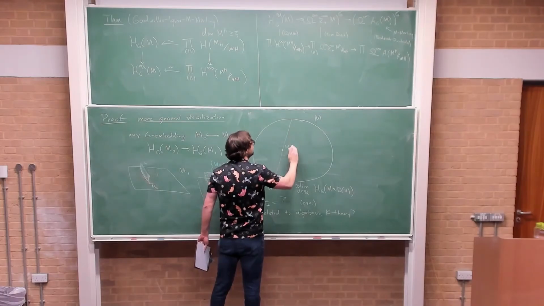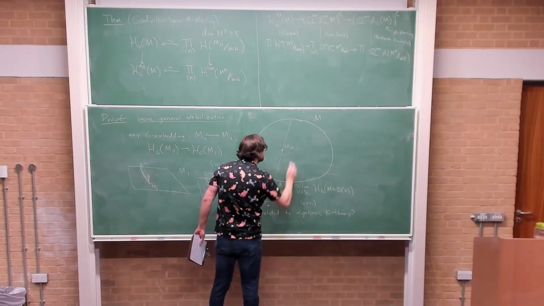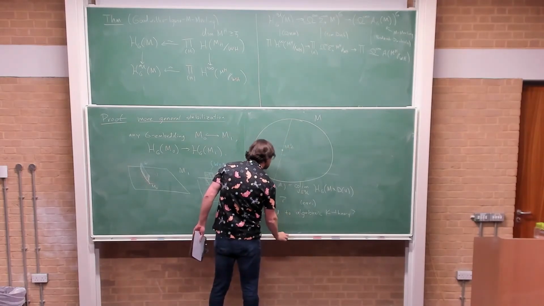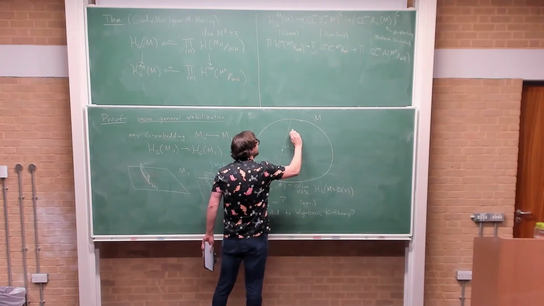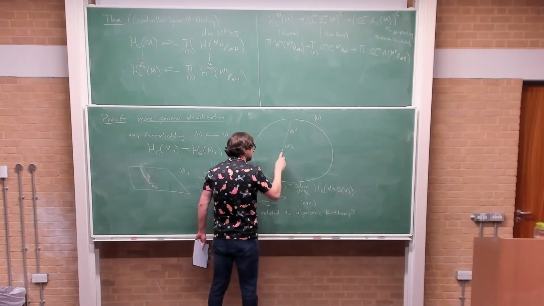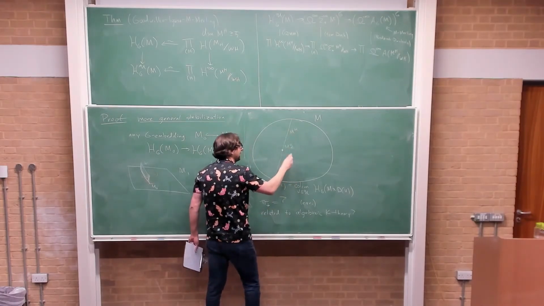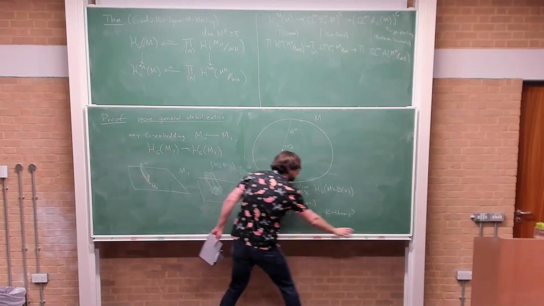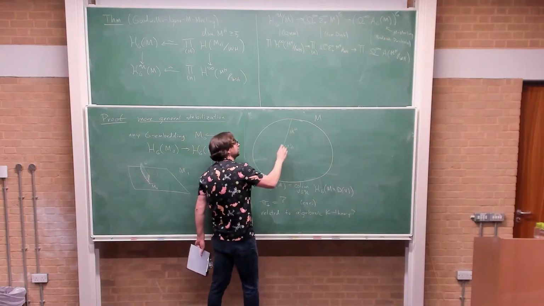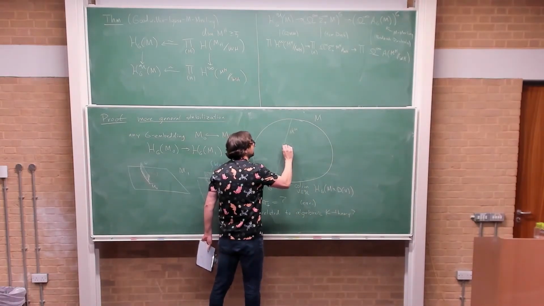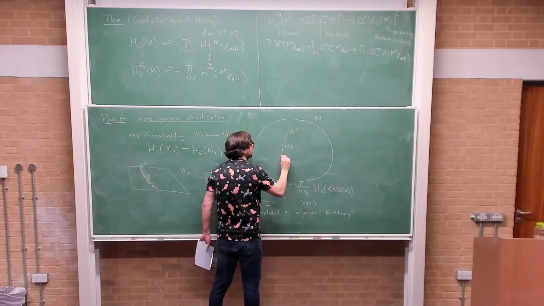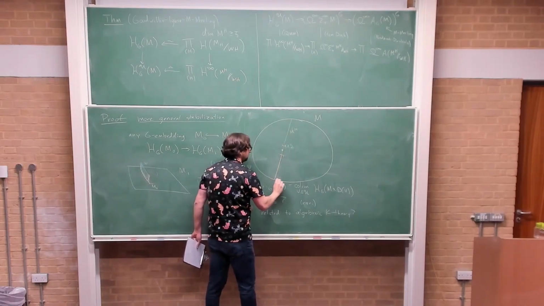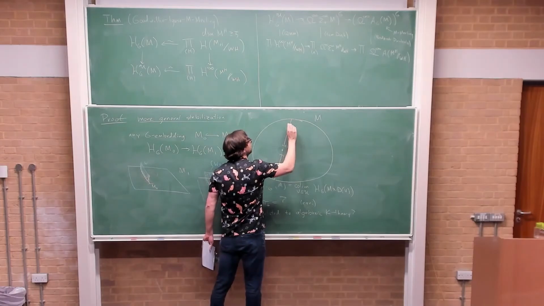So say these are the G fixed points. Say these are the H fixed points. I'm going to take the G fixed points. I'm happy with that. But I'm going to take the H fixed points, and then I'm going to remove this tube about the G fixed points. I'm going to call that M sub H in brackets.